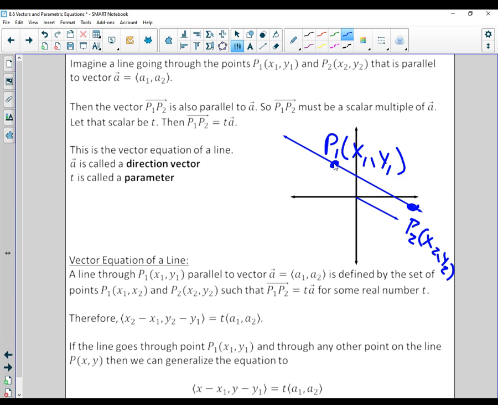So we just made this line off of 2 points. We're just leaving them as whatever numbers go in for X1, Y1, X2, Y2.